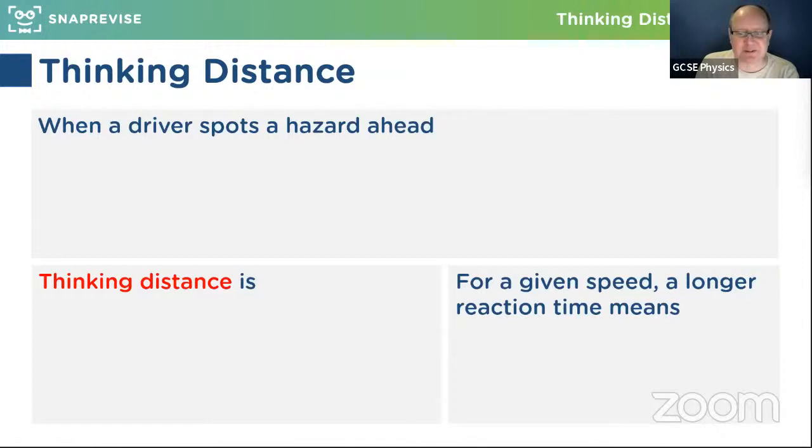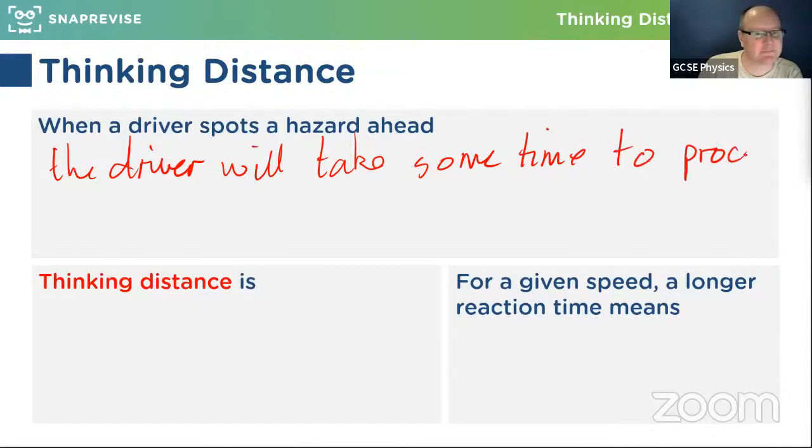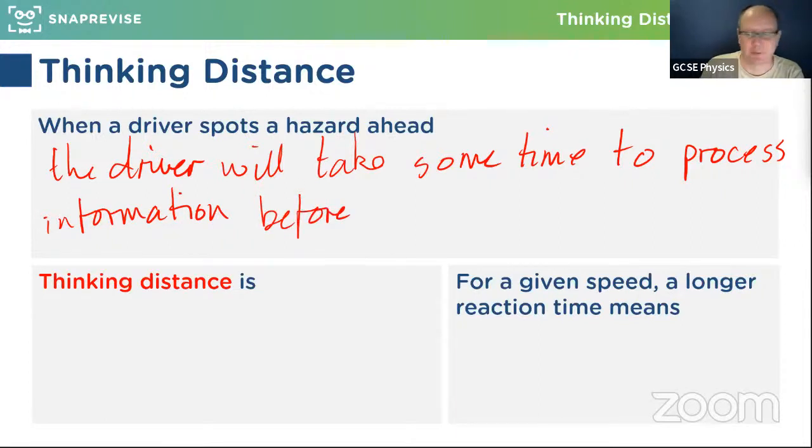So when a driver spots a hazard ahead, the driver will take some time to process that information from that stimulus before responding and before putting their foot on the brake.